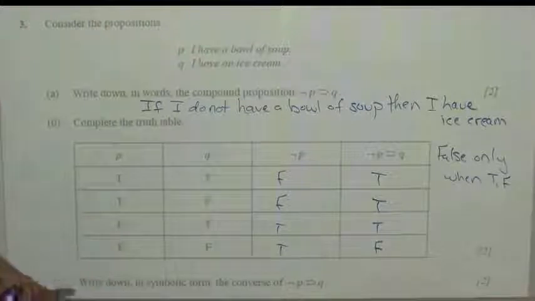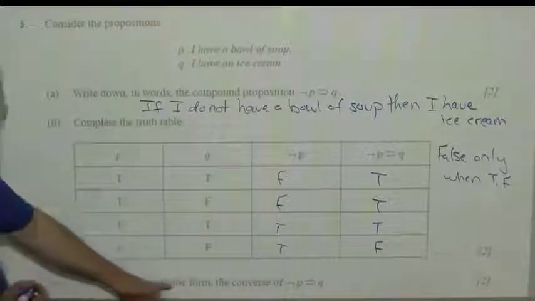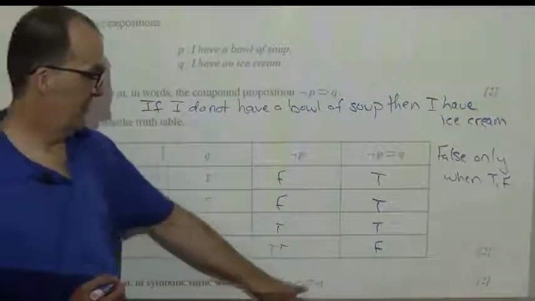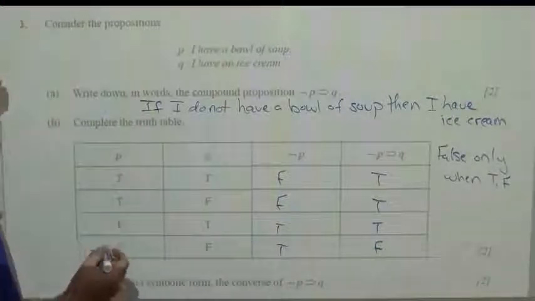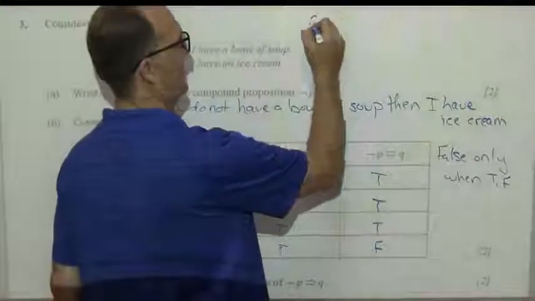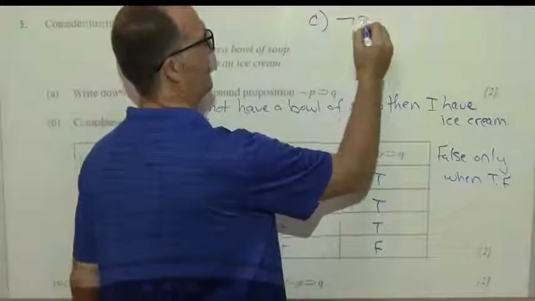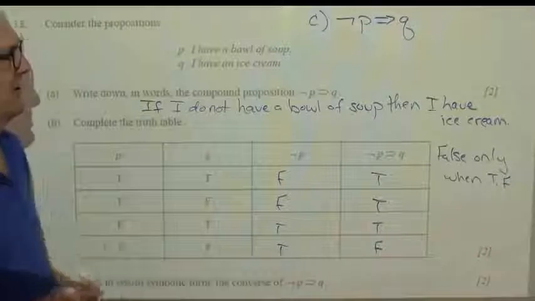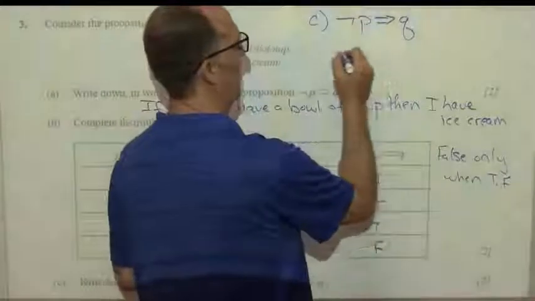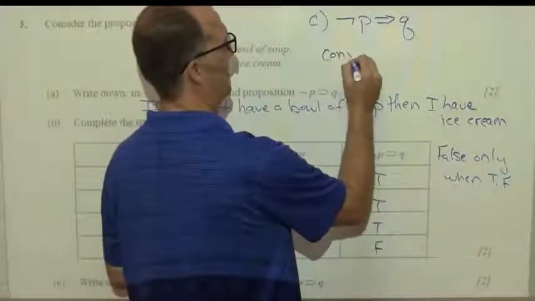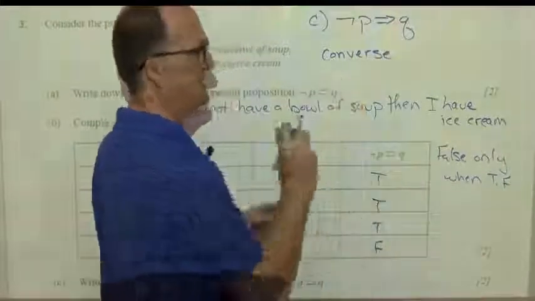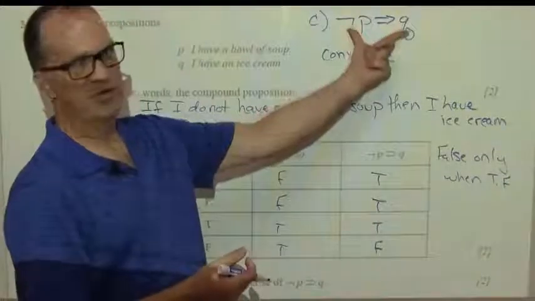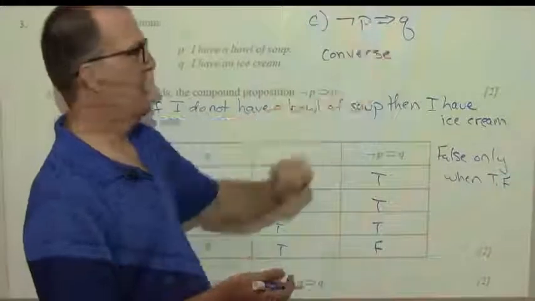And then the last question down here at the bottom, write in symbolic form the converse of not P, then Q, and let me just write C up here. So that's the statement. They want the converse, and the converse is simply taking these 2 and switching them around.